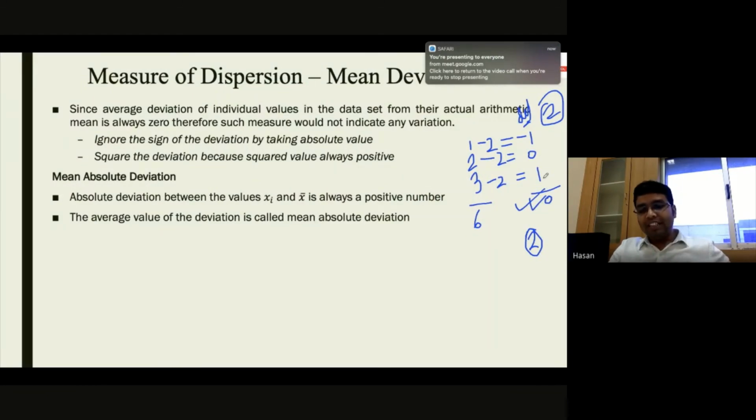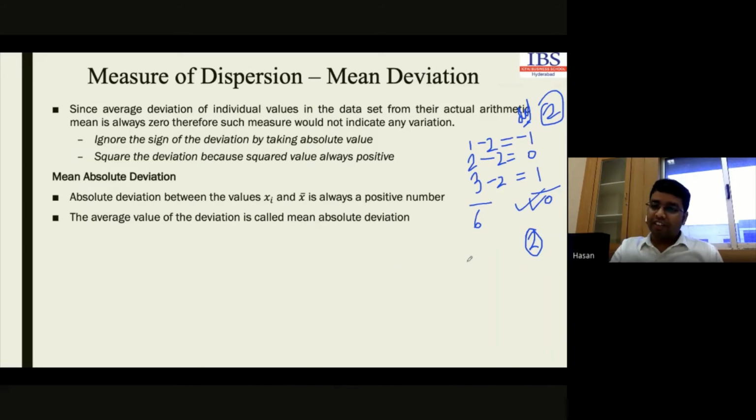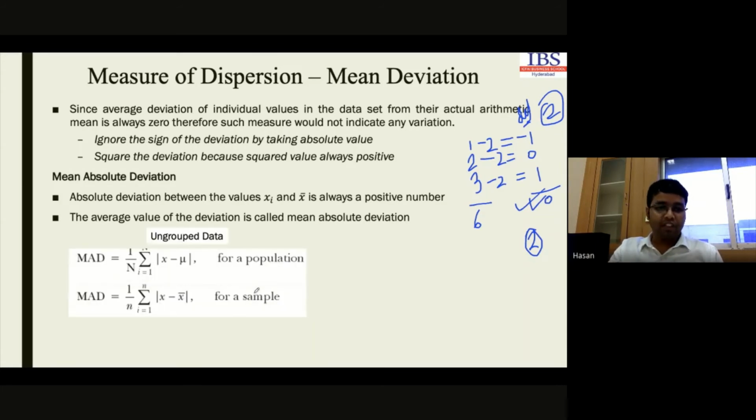So to eliminate this impact, we can take the absolute value. Otherwise, we can take the square also. In both cases we have different names. If it is group data, or population, or sample, whatever it is, this is our actual data and this is our mean, and we are simply taking the deviation from the mean.